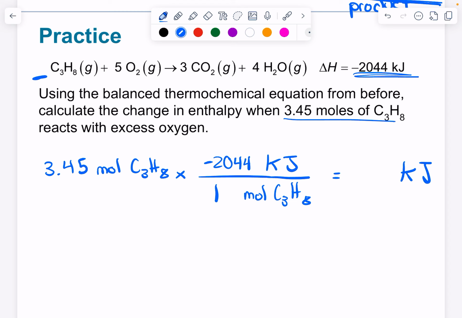Okay, so 3.45 times negative 2,044, or negative 7,154 kilojoules of heat. Okay, that's the amount of heat that would be given off for 3.45 moles of propane being burned.